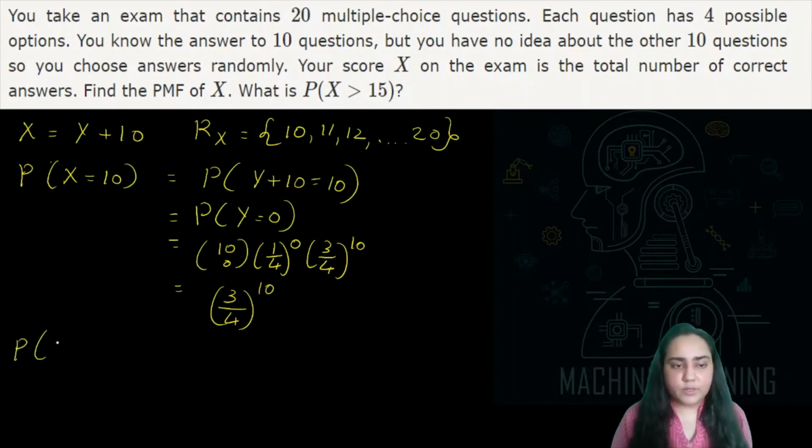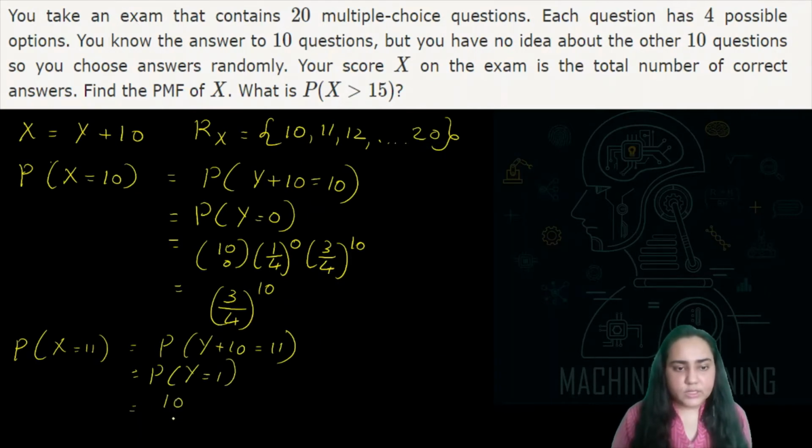Let's find out the probability of x equal to 11, which is actually y plus 10 equal to 11, in which case I have to calculate the probability of y equal to 1, which would be 10c1 and 1 by 4 raised to 1. If you don't write the power, it's okay.